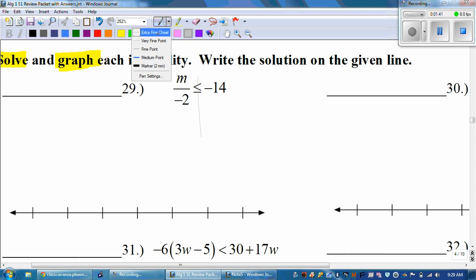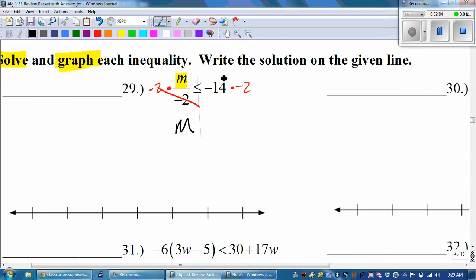So, number 29. Is the m by itself? No. It's being divided by -2, so the inverse of division is multiplication. So I have to multiply both sides by -2. Okay, so those cancel out.